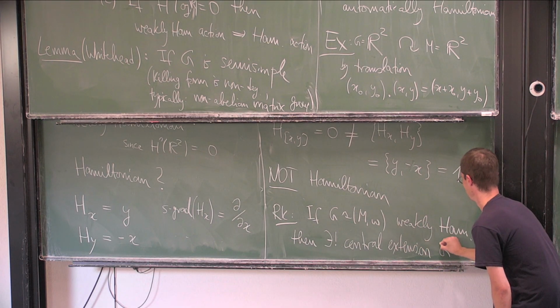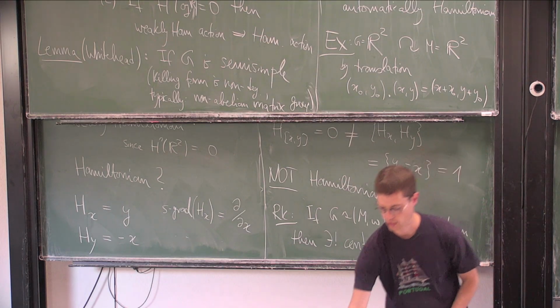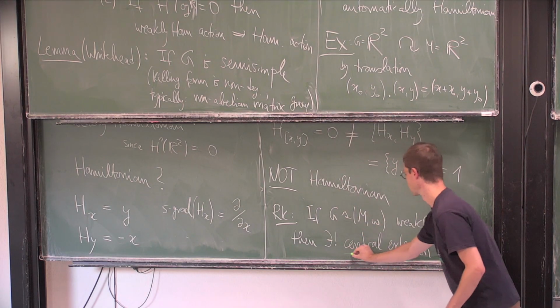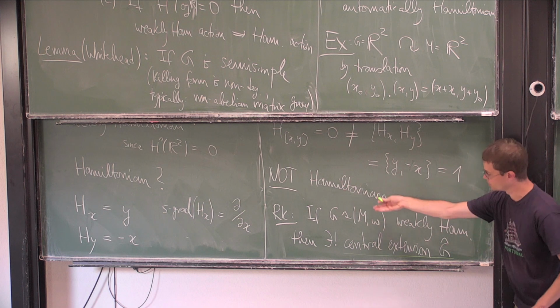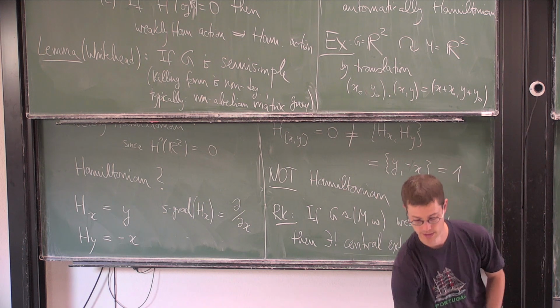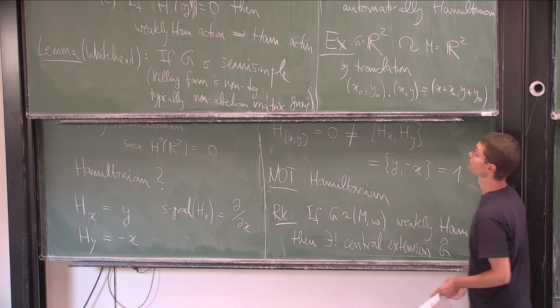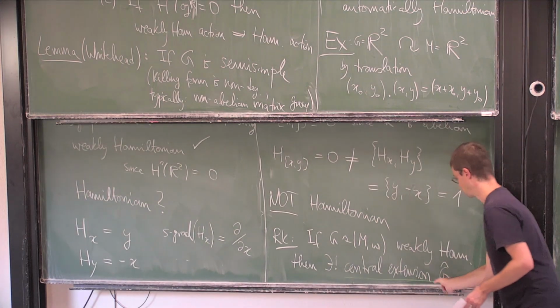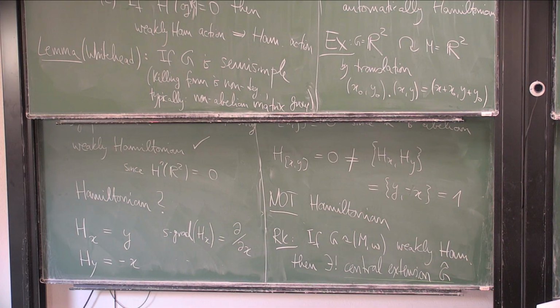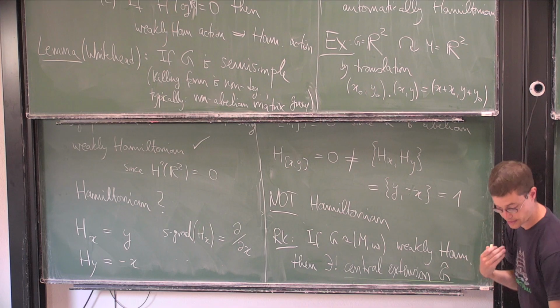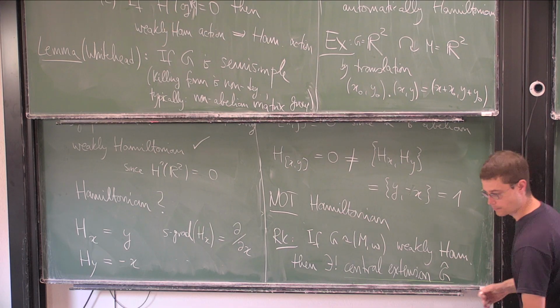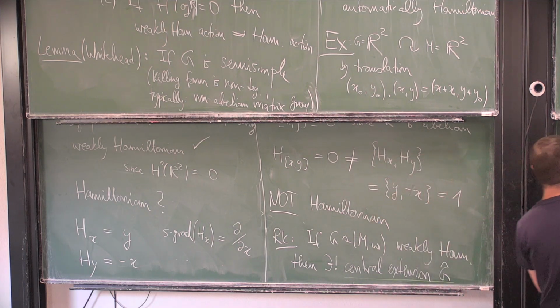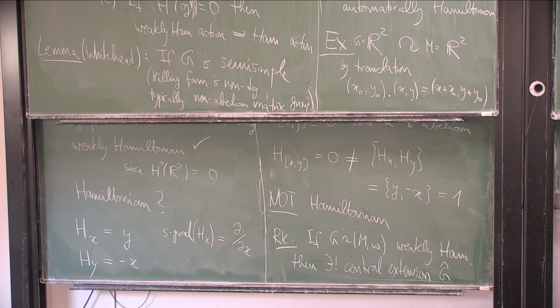G hat. I will not define exactly what it means, but you take your group G and you add a copy of R, say. This copy of R is central, so the Lie bracket is 0, but still it's not the trivial product.